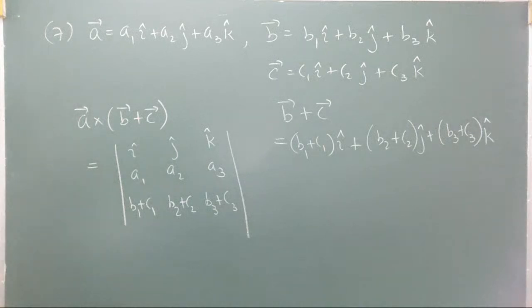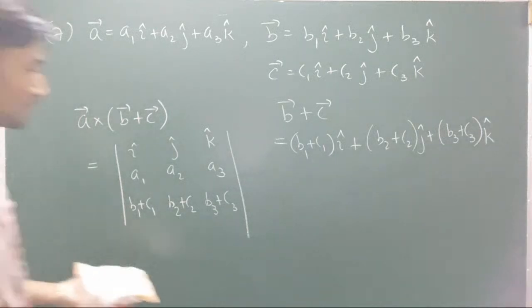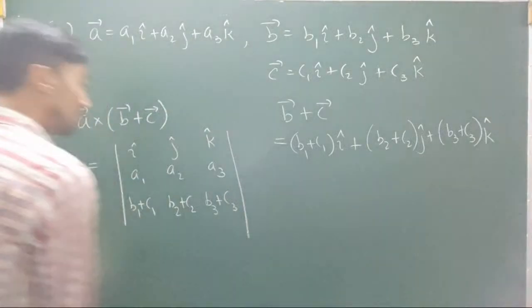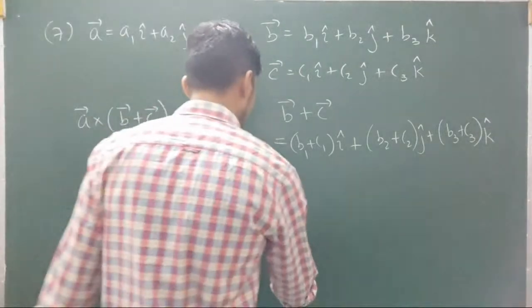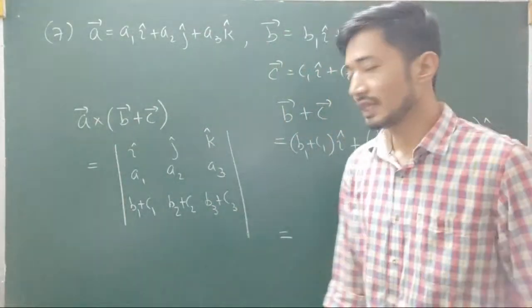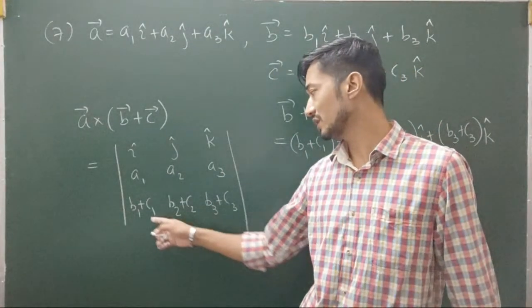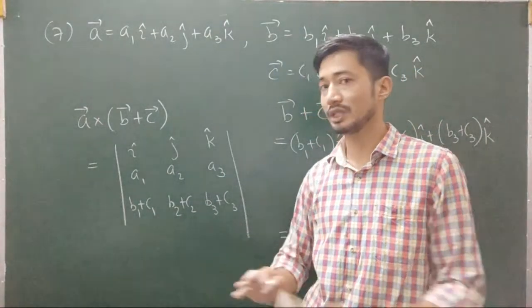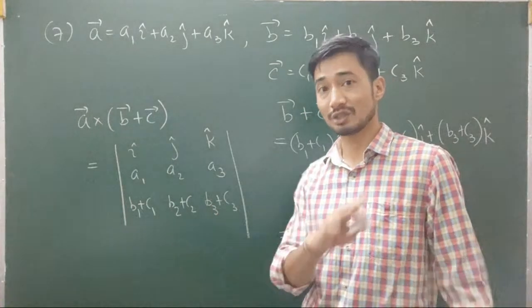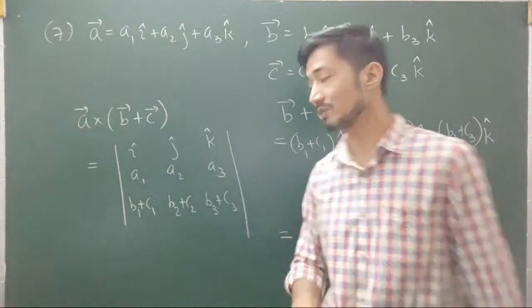Now here maybe we can use a little application of determinants. You remember, if a particular row or column is a sum of two elements, we can separate them as different determinants. You remember that particular property of determinants? We are going to use that here.